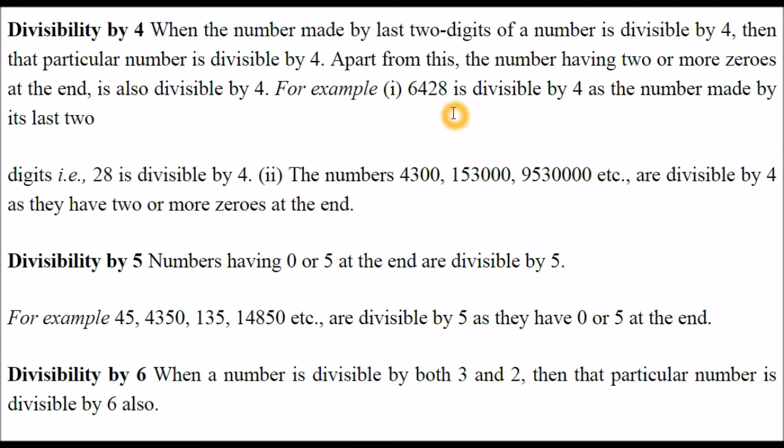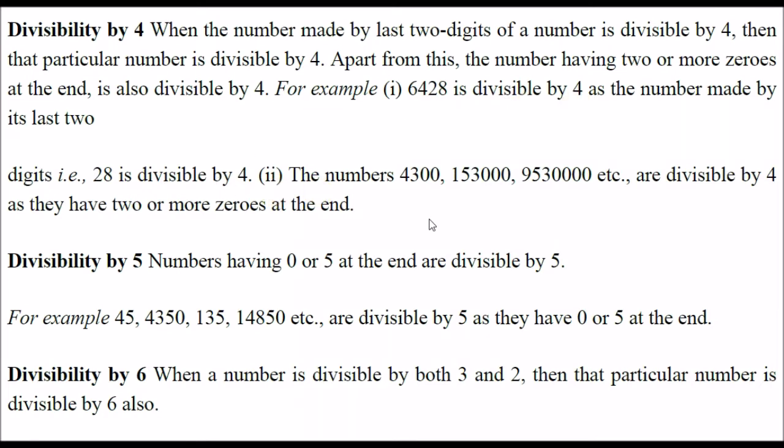For example, 6428. Is it divisible by 4? See the last 2 digits in the given number, 28. 7 4s are 28. So, 28 is divisible by 4. Then automatically the given number 6428 is divisible by 4.